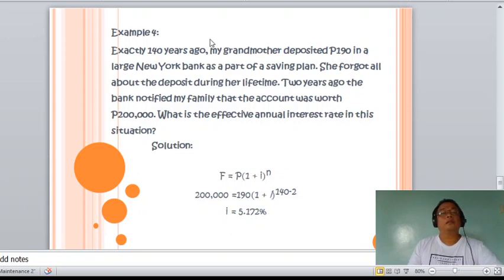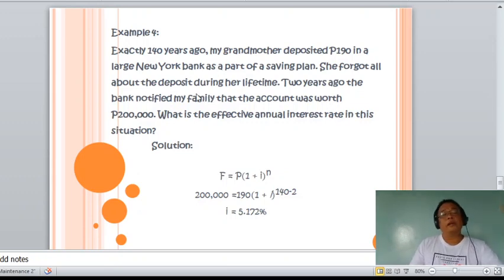She forgot all about the deposit during her lifetime. 2 years ago, the bank notified my family that the account was worth 200,000 pesos. What is the effective annual interest rate in this situation?